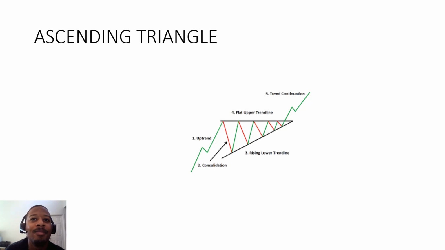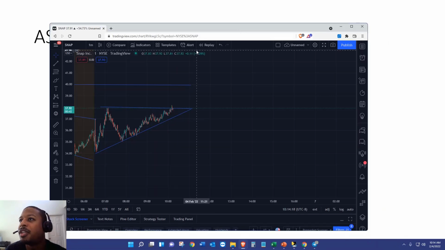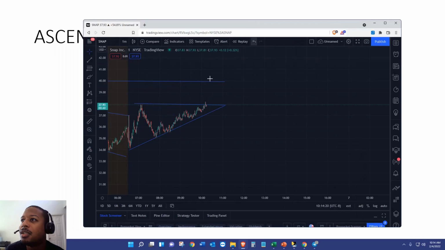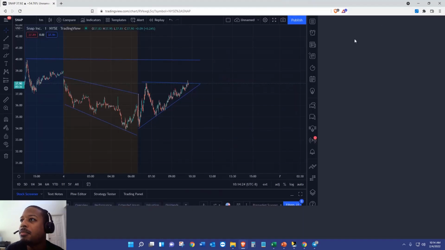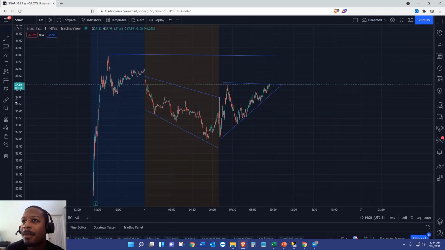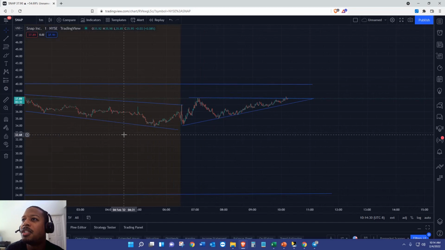But yeah, let me pull it up here real quick and we can take a look at it. We actually just drew it here. So that was kind of a perfect example. You guys get to see an actual ascending triangle, how we just drew it. And you might be asking yourself, at what point did this become an ascending triangle?